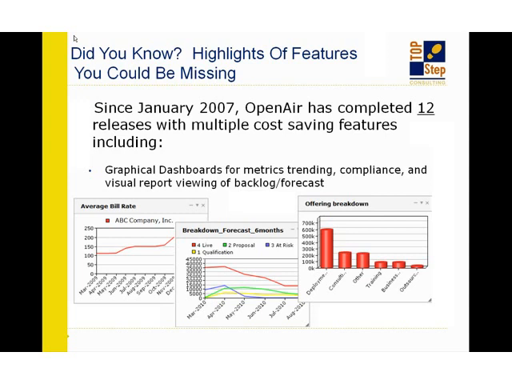Other metrics like timesheet compliance: who's consistently late with entering timesheets, how many people still haven't submitted their timesheet. Those are all different metrics that it's nice to see on a piece of paper, but it's so much easier to interpret exactly what you're trying to look for when it's on a graph. And so the Graphical Dashboard feature is a really nice thing that's come out recently.